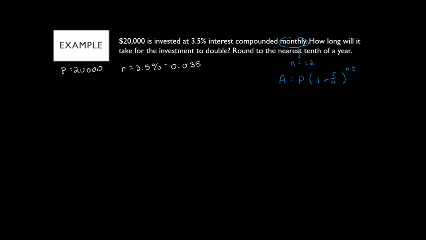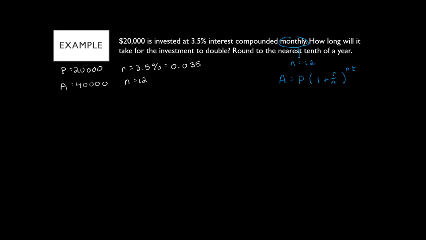So if we want the investment to double, then we want A to be $40,000. So you can do the math with P, plugging in 20,000, plugging in 40,000, and then plugging in your value for r. And of course, we have that n is equal to 12.